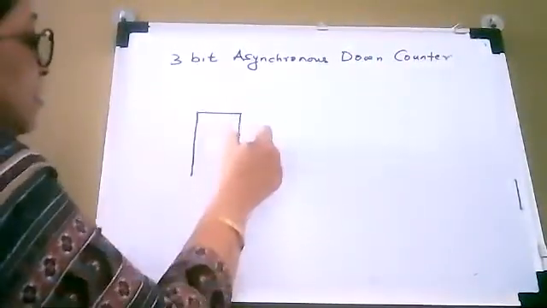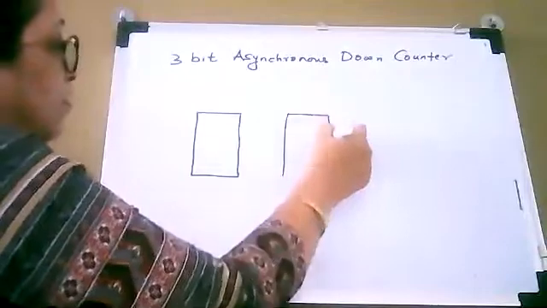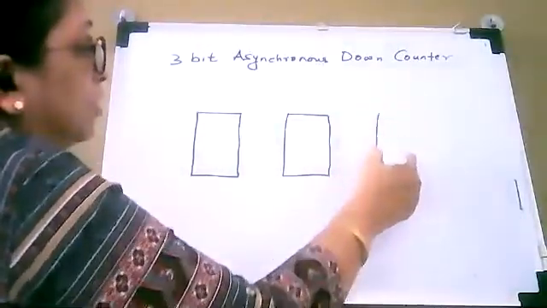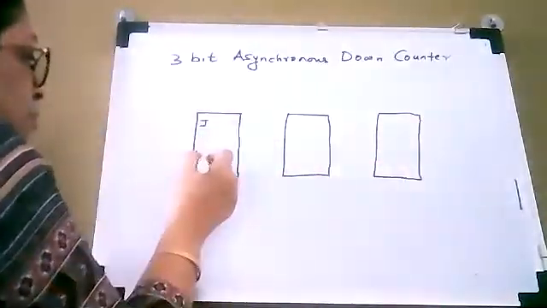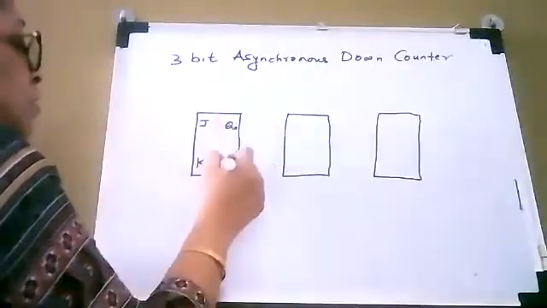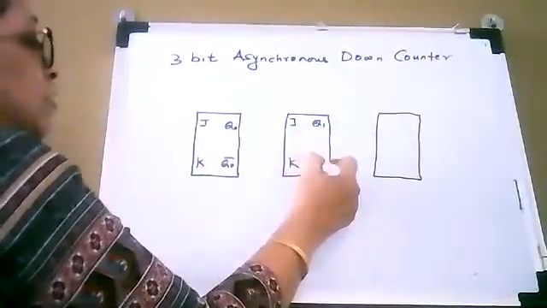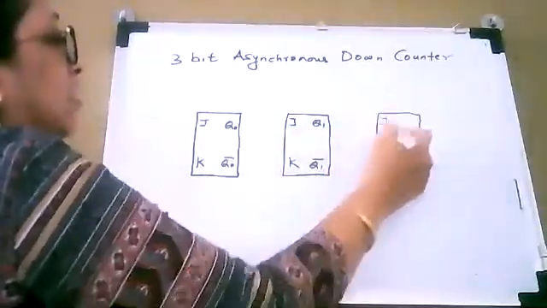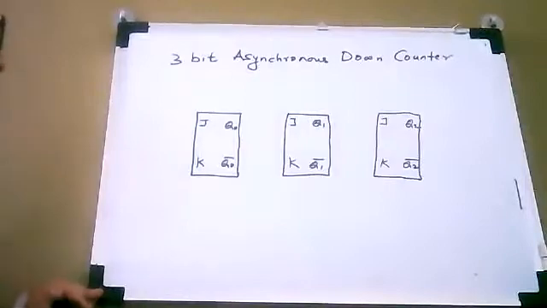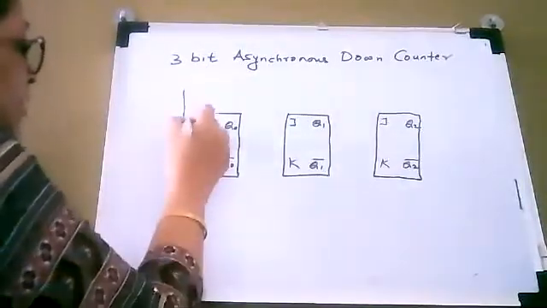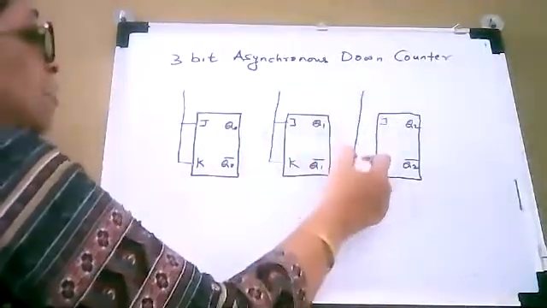As this is a 3-bit counter, you need 3 JK flip-flops in toggle mode. So let us draw 3 JK flip-flops. So all these must be connected in toggle mode. So for that, connect J and K together and connect it to plus VCC or logic 1.